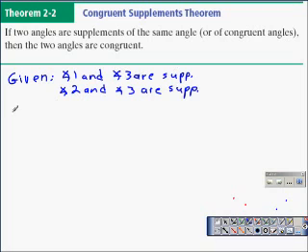We need to prove that angle 1 is congruent to angle 2. This is going to be done in a similar manner to the proof of Theorem 2.1.